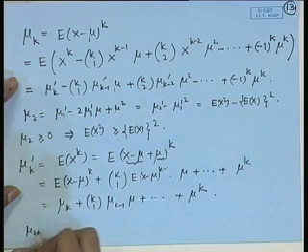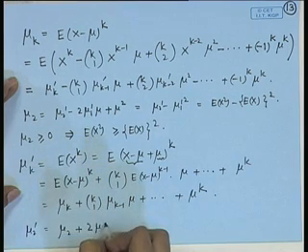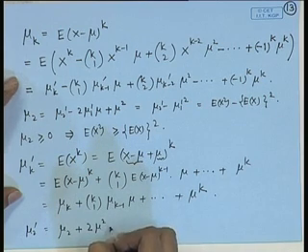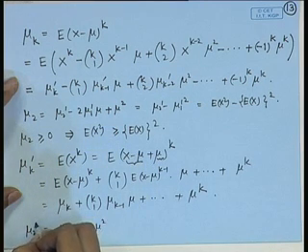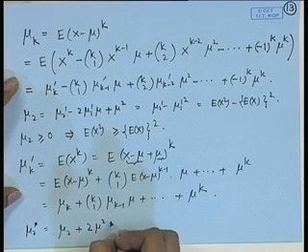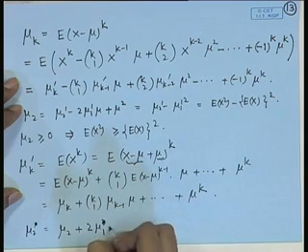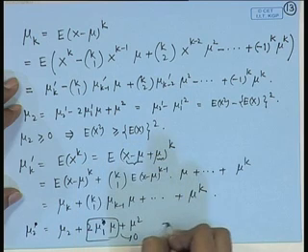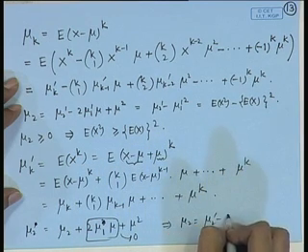In particular, mu 2 prime is equal to mu 2 plus 2 mu 1 mu plus mu square. Now, this term is actually 0. So, this means that mu 2 prime is equal to mu 2 plus mu square.